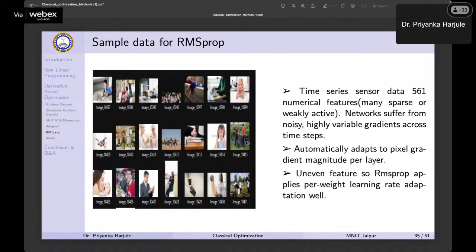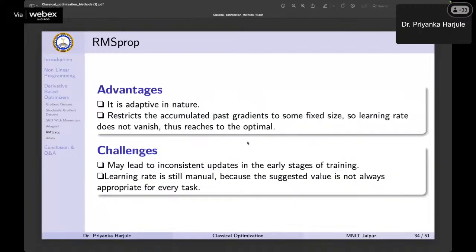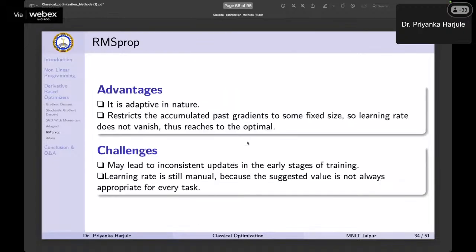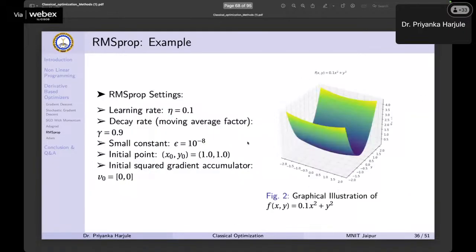In these cases, RMS prop is the best to use because it handles the noisy gradient well because of the exponentially moving average, and it adapts the learning rates on a per weight basis, helping in training with uneven or sparse features. Now, RMS prop also comes with challenges because, as you can see in the update rule, it is only using the magnitude of the gradient. We will see how this is handled.